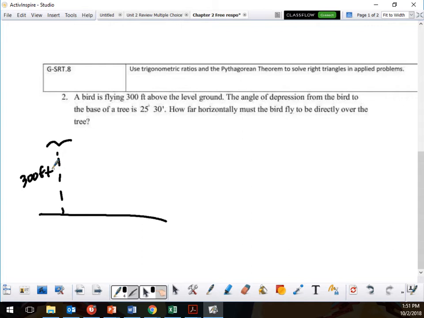Okay, so the angle of depression from the bird to the base of a tree. Now remember, angle of depression is always what? Going down. Very good. So it would be from this way right here, going down.